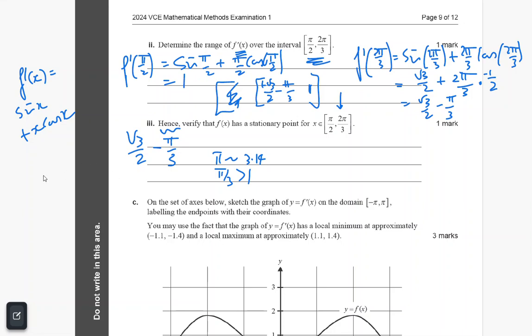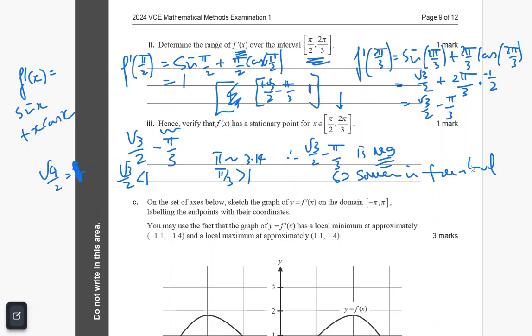And root 4 on 2 is equal to 1. So root 3 on 2 is less than 1. Since that's the case, therefore, root 3 on 2 minus pi on 3 is negative. So somewhere in the interval, the gradient has to equal 0.